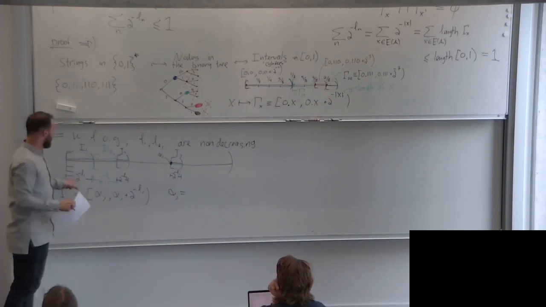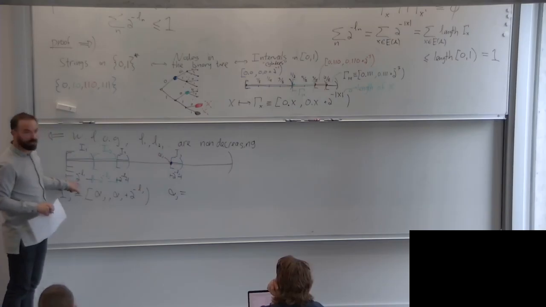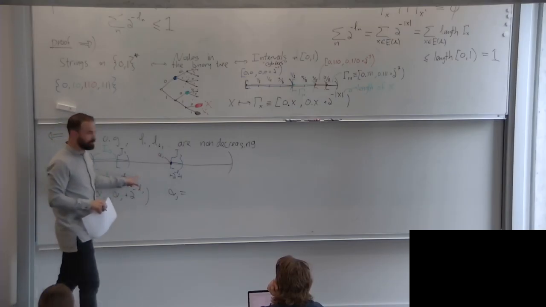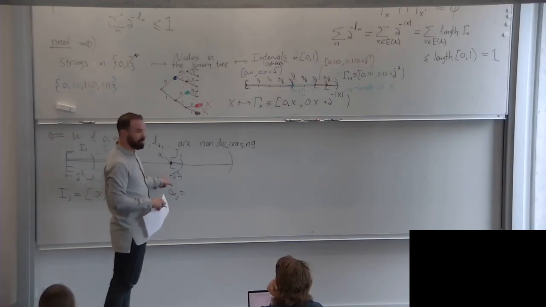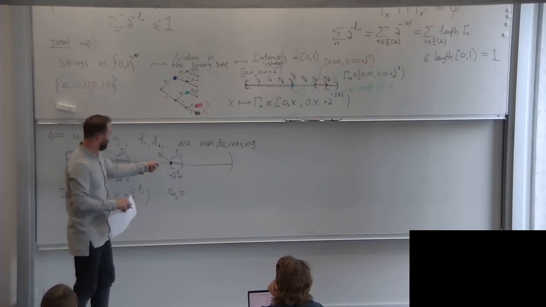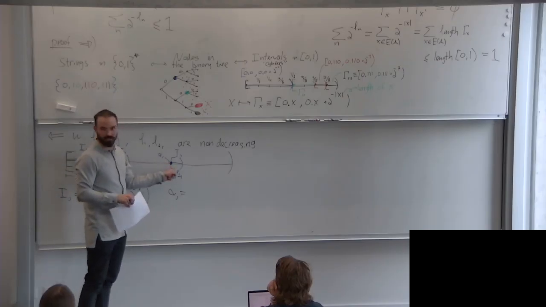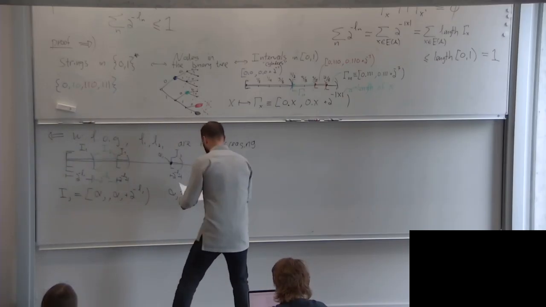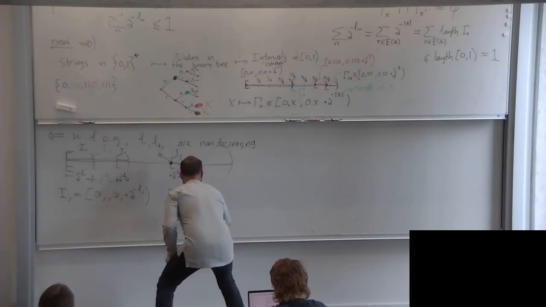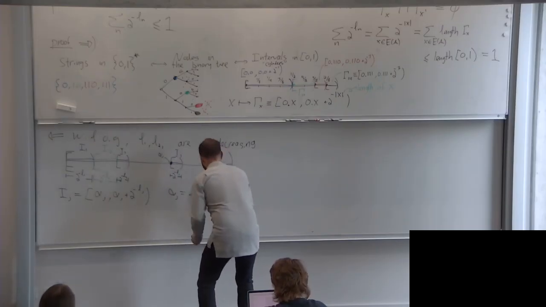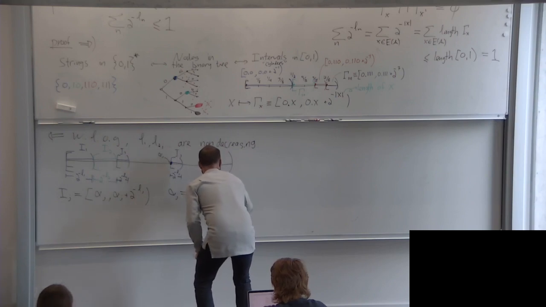Well, it's the sum of 2 to the minus L1 plus 2 to the minus L2 plus 2 to the minus L3 plus ... plus 2 to the minus L(j minus 1). I'm just adding all these lengths, and eventually I get exactly to alpha j. So alpha j is the sum for n equals 1 to j minus 1 of 2 to the minus Ln.